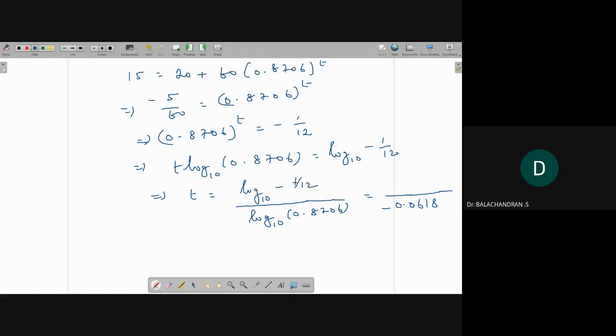Theoretically it is possible, using complex numbers you can find the log of negative numbers, but using calculator you can't find it. So I will change my problem.